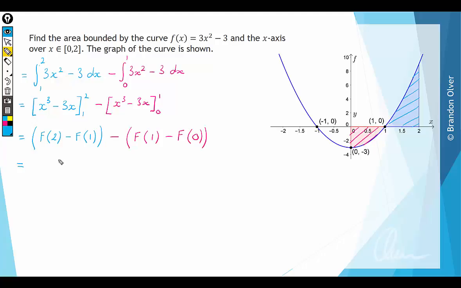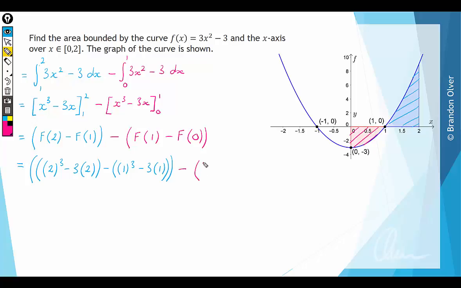So substituting 2 into our antiderivative, there's going to be a few brackets. We're going to have 2 to the power of 3, subtract 3 times 2, and then we subtract away 1 to the power of 3, subtract 3, and that's the blue done. And then we need to do the same thing in our pink color.